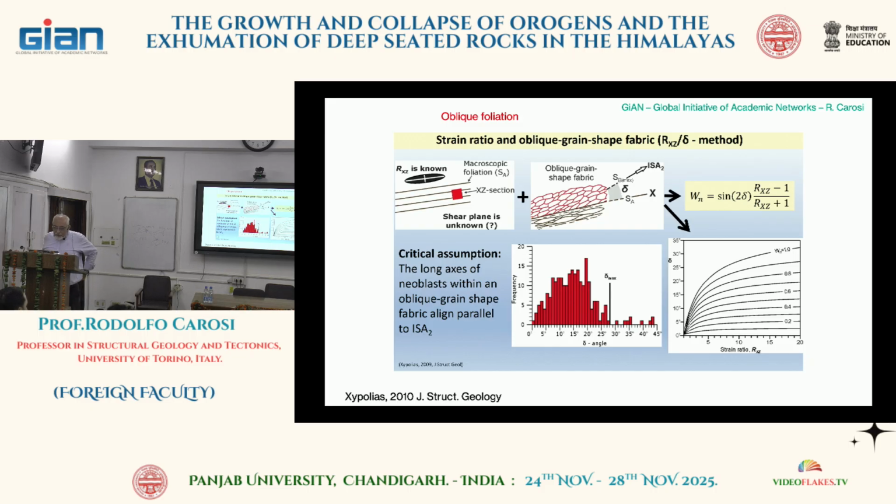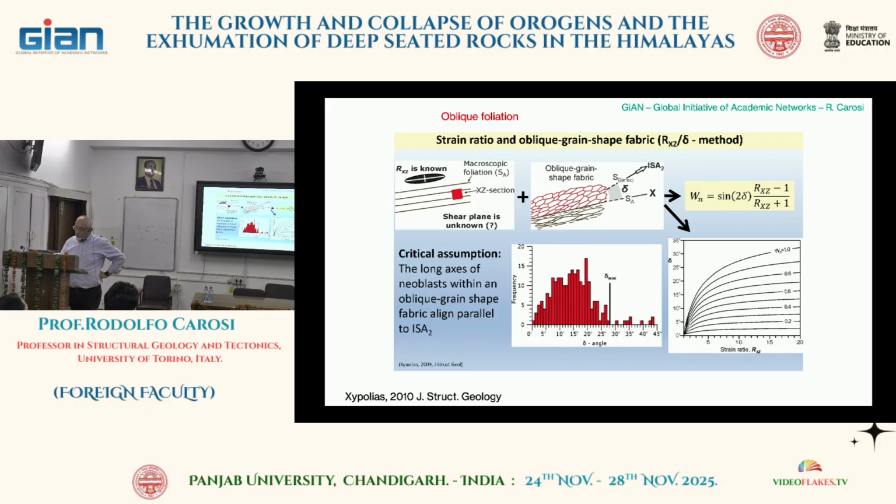Okay, if you have oblique grain shape fabric, such as the ones that we observed in the mylonites of the Kumbu in the thin section, you have ribbon quartz with oblique foliation.